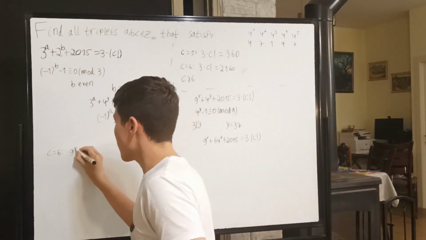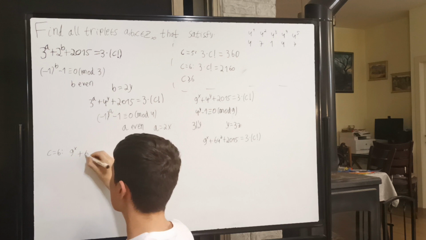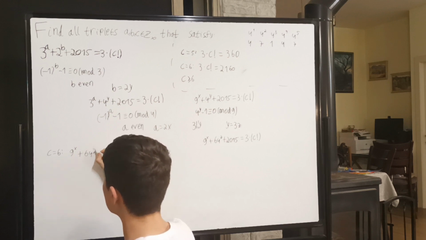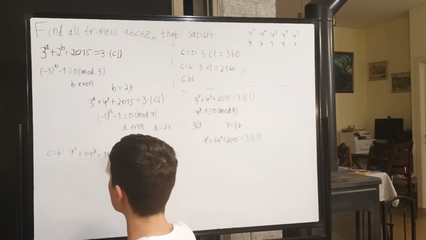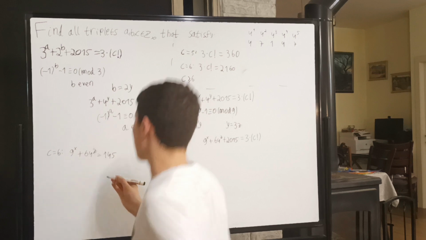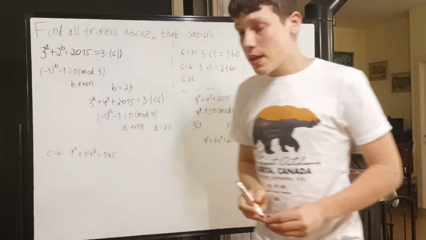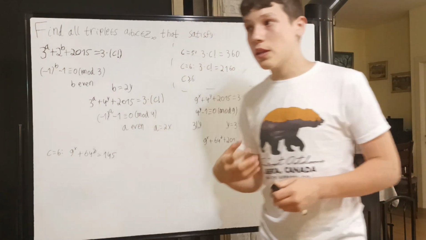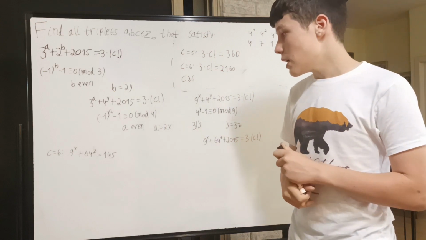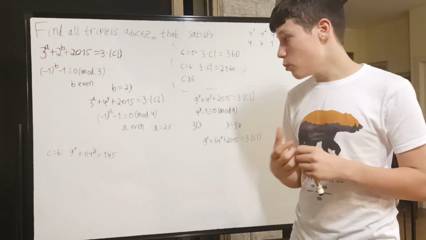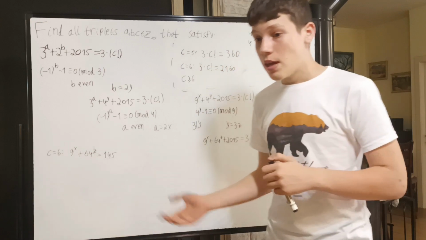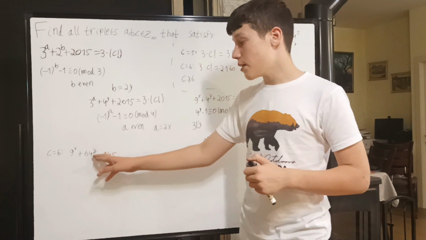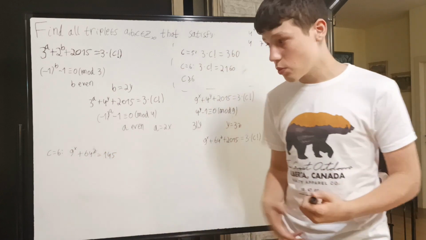So you'd have 9 to the x plus 64 to the z equals 145. Now we want to solve this, but as you can see, 64 squared is already way bigger than 145, and since z has to be a positive integer, the only option it has is 1.